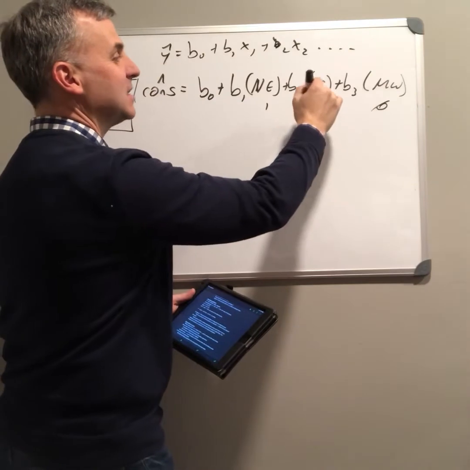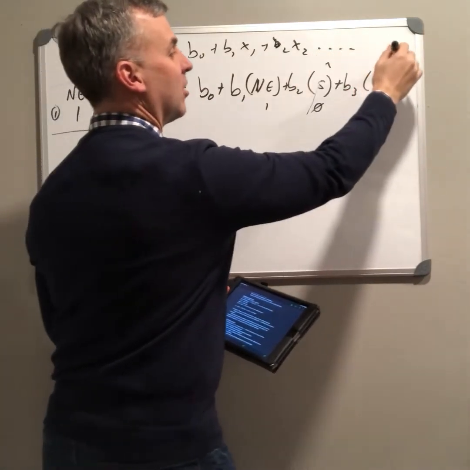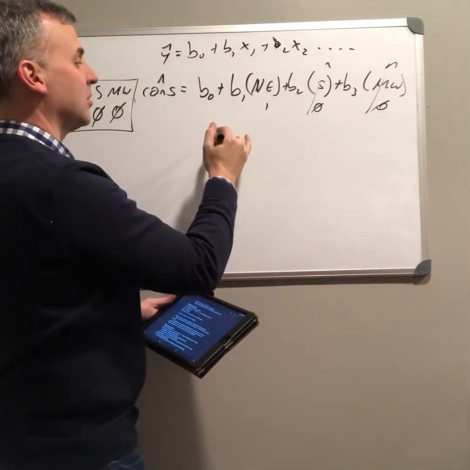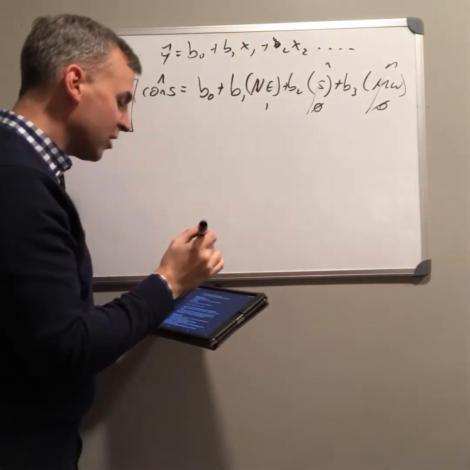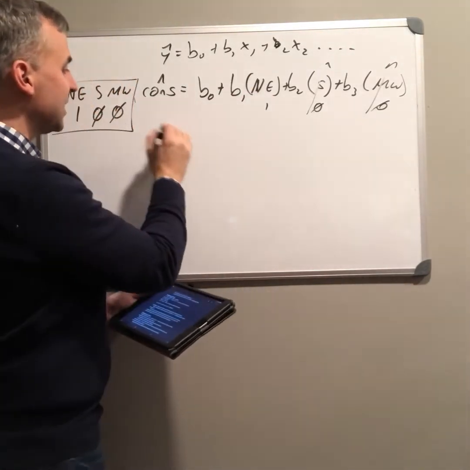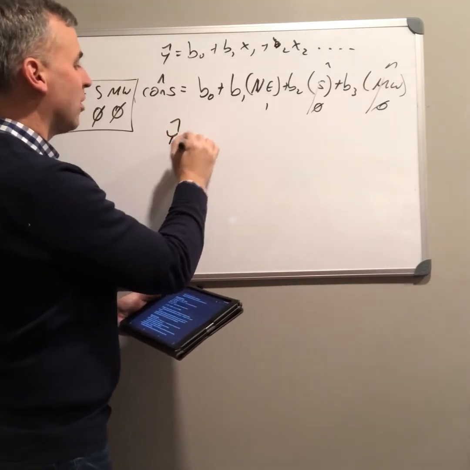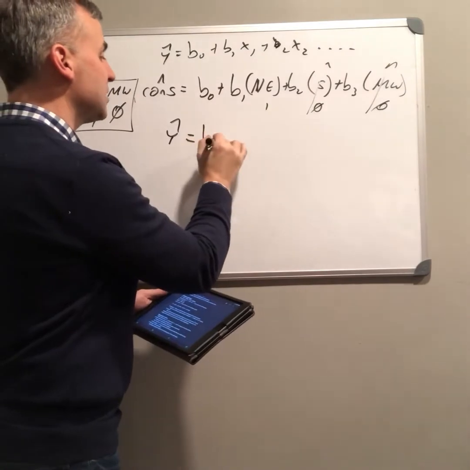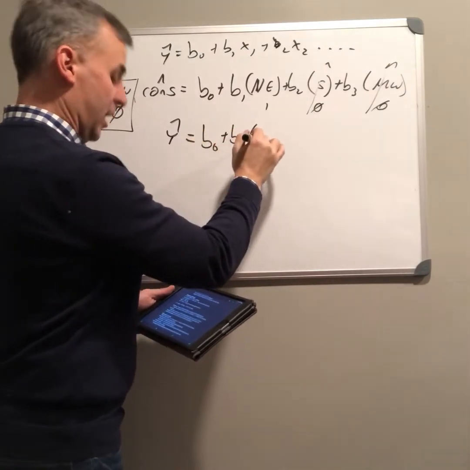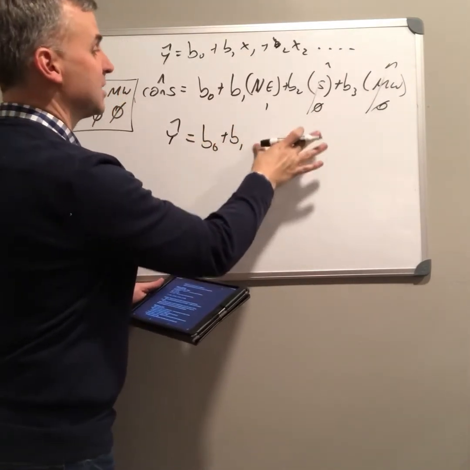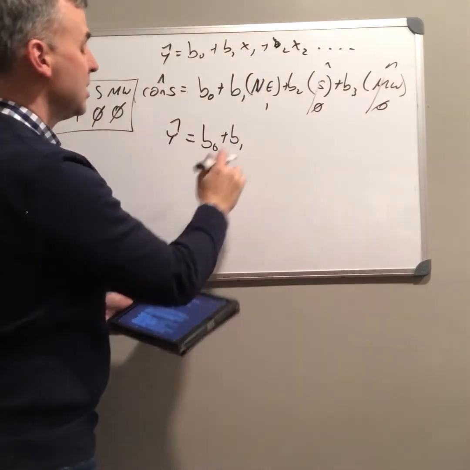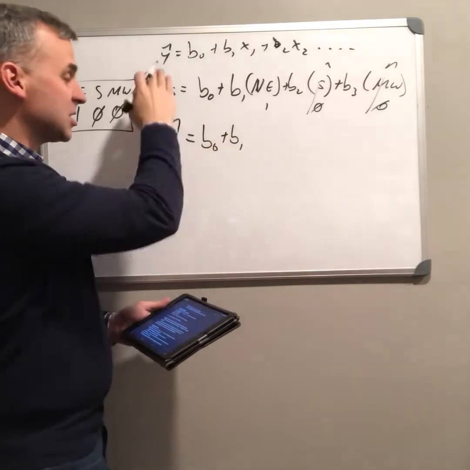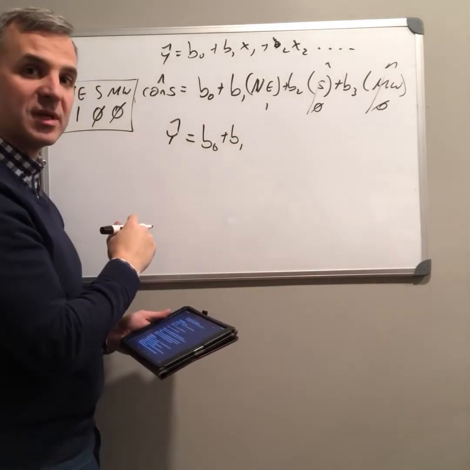So in that case, this value goes to 0, this value goes to 0, and we end up with just these two variables. So for our northeast group, our expected value of y for our people from the northeast is equal to b sub 0 plus b sub 1. And that's it, right? Because northeast is a 1. So this is our expected value of conservative values for anyone from the northeast.